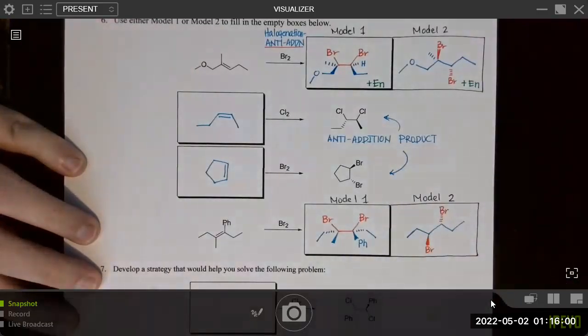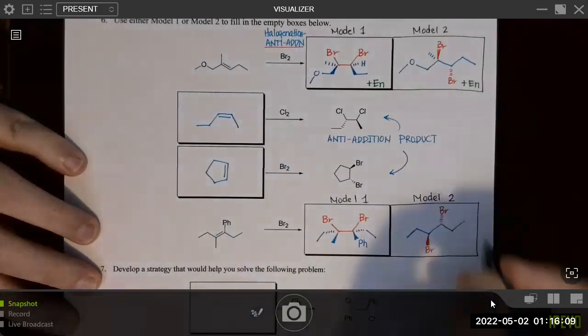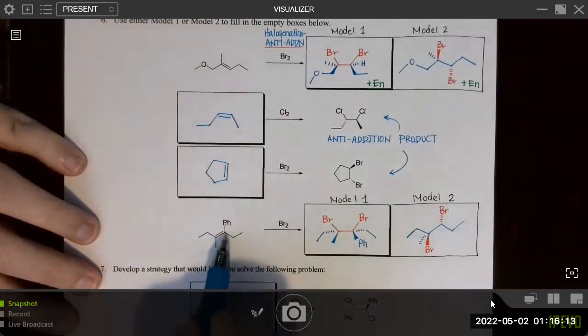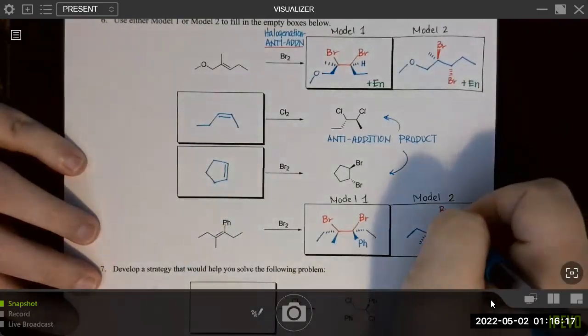And then I like to come back and see, okay, what else was here? That gets pushed to the opposite direction. So if the bromine came in from the top here, then that means the methyl will be pointed back. And if the bromine came in from the back on this carbon, then the phenyl will be pushed up.